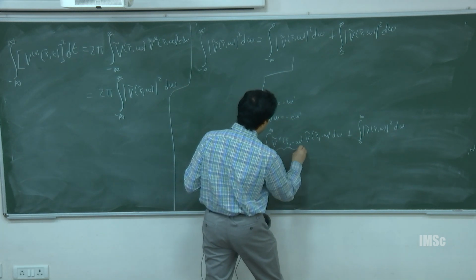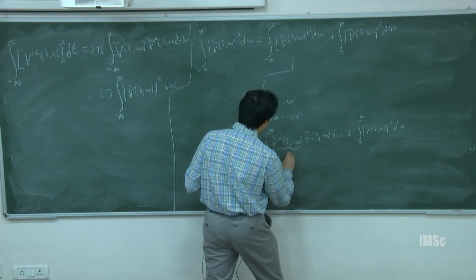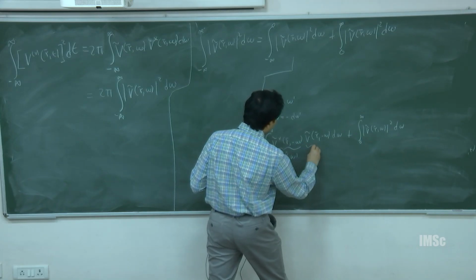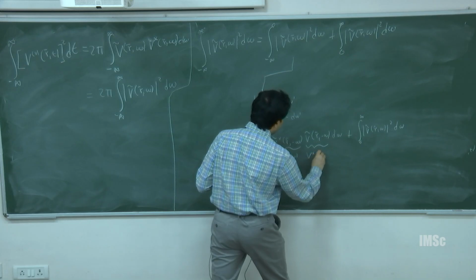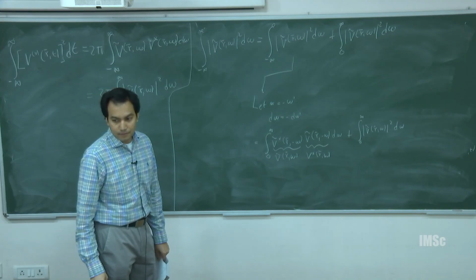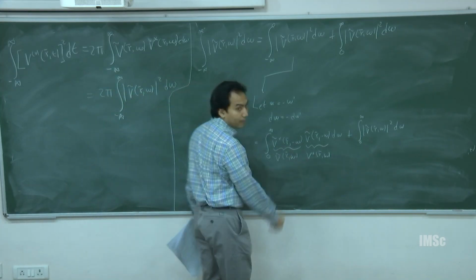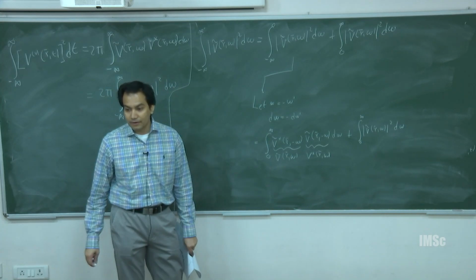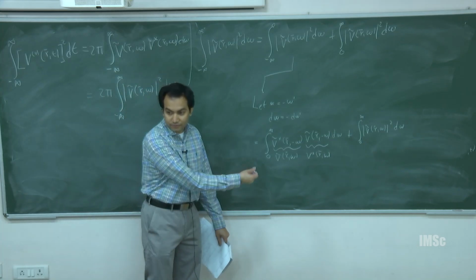So this one is basically V of R omega, and this one is basically V star of R omega. Once again, we are making use of the same property, that the negative frequency part is the same as the positive frequency part.